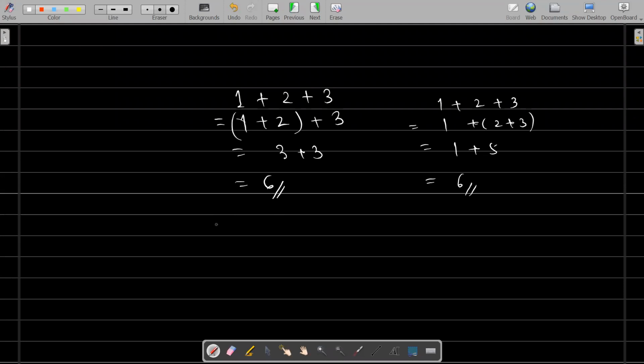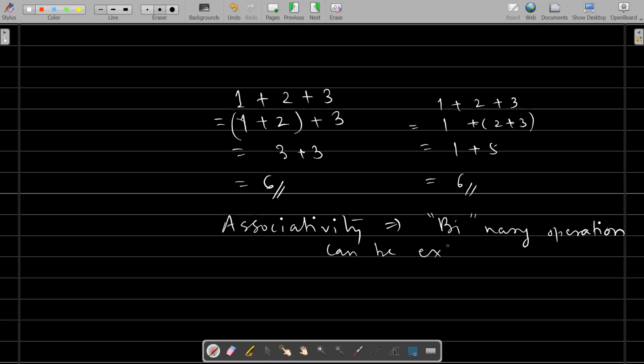So because of associativity, a binary operation can be extended to, shall I say, an n-ary operation.